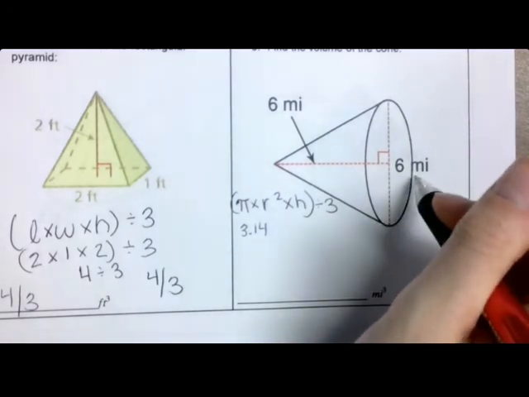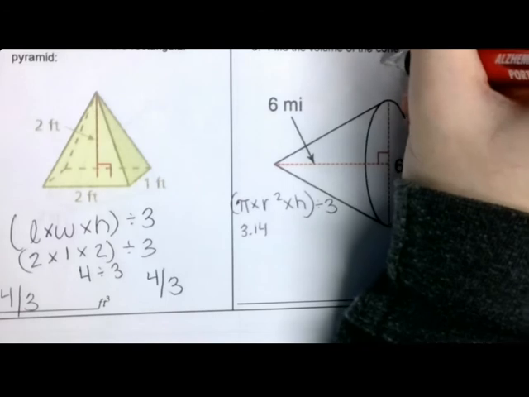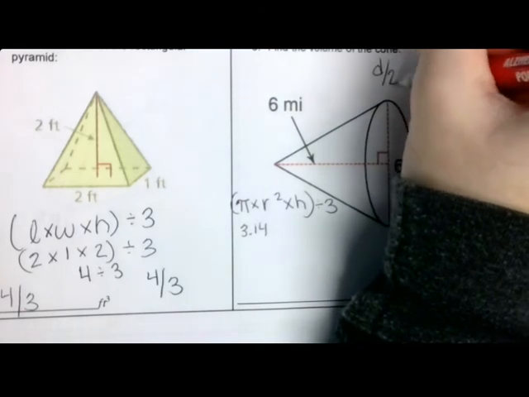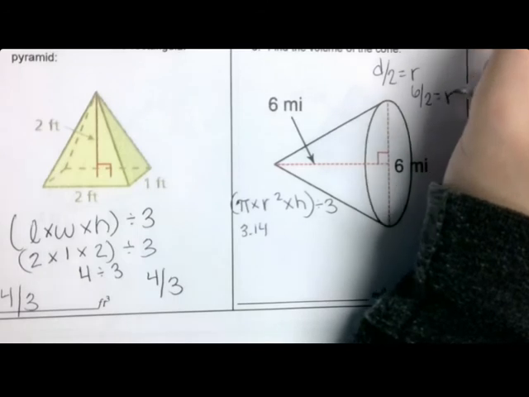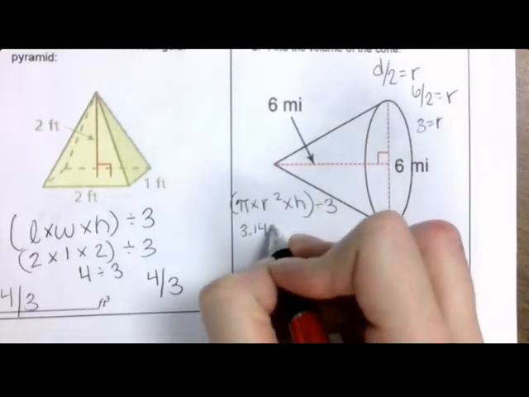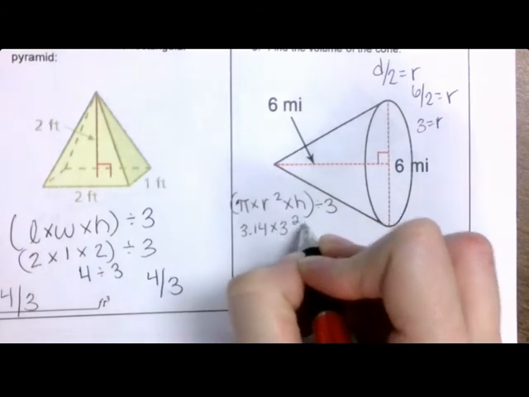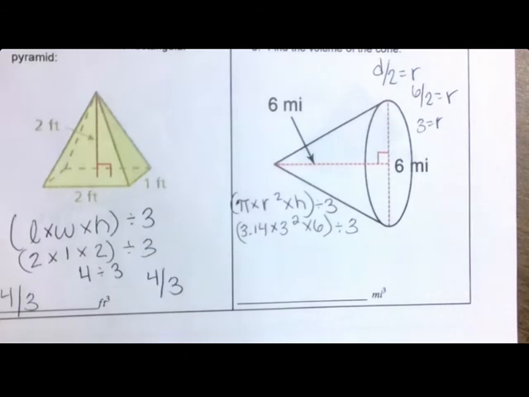Oh, it's 6 radius. No, it's not. So I need to divide it by 2 to get my radius. What is 6 divided by 2? It is 3. So this is going to be times 3 squared times my height of 6, all divided by 3.